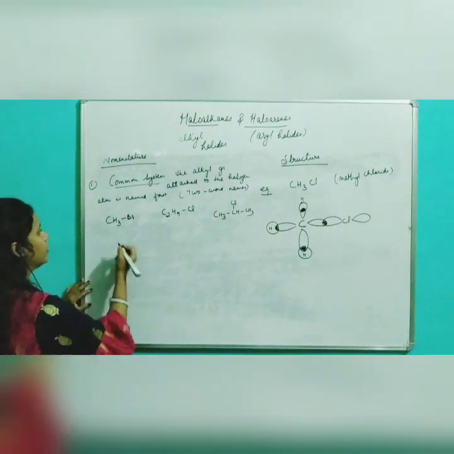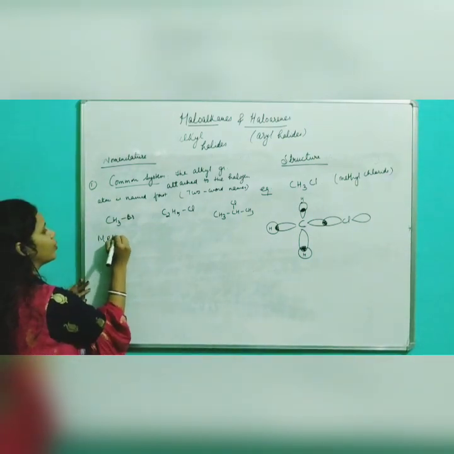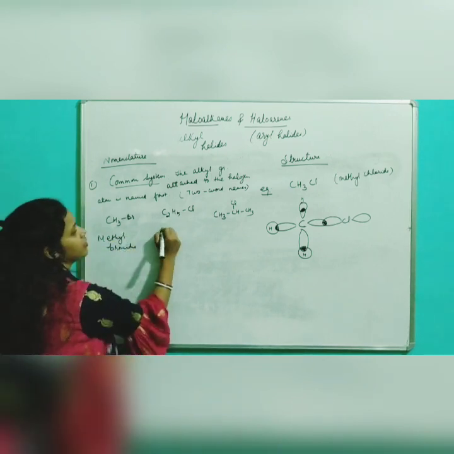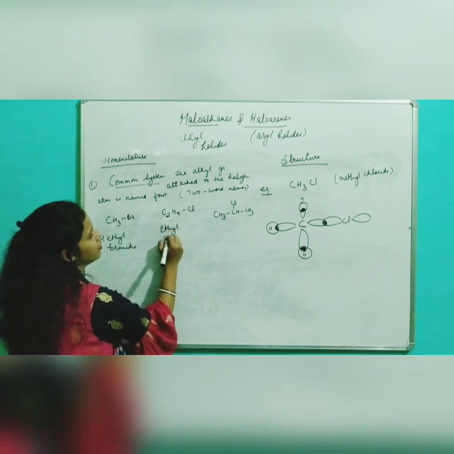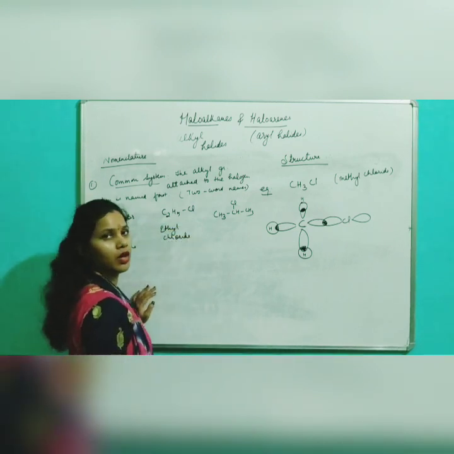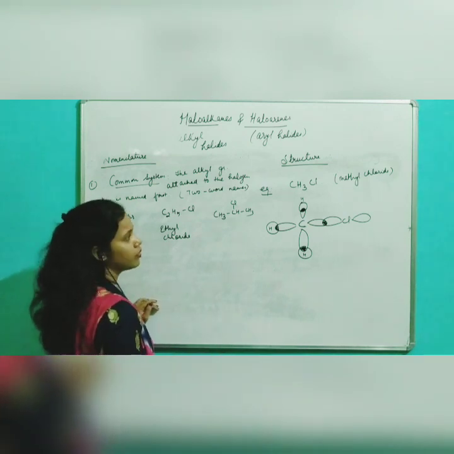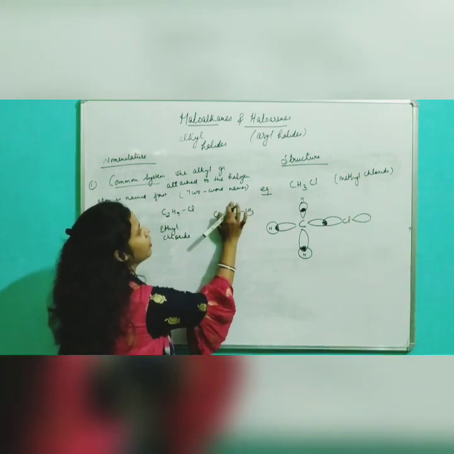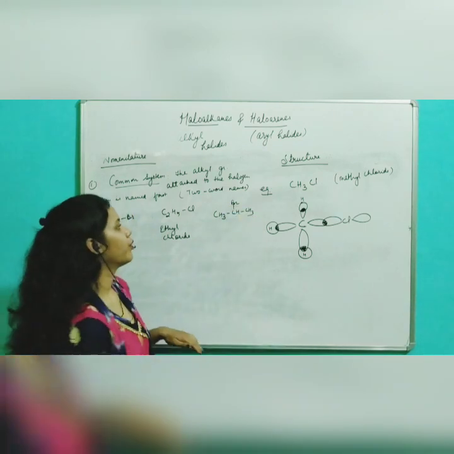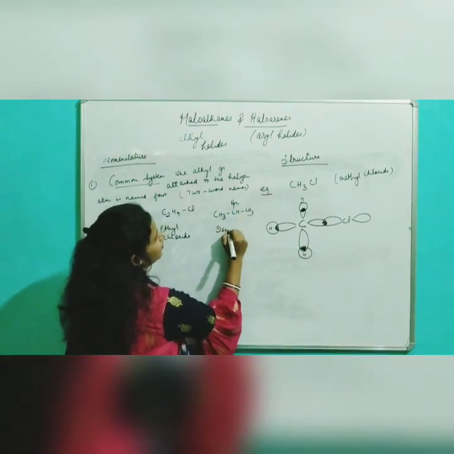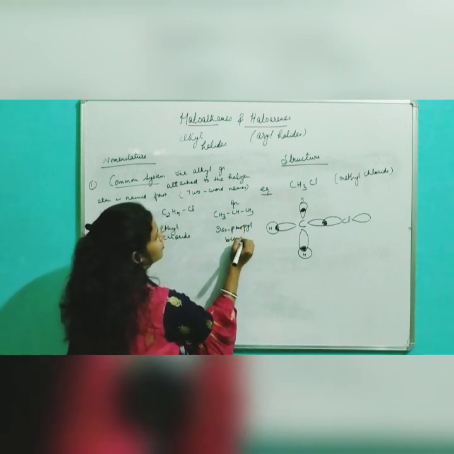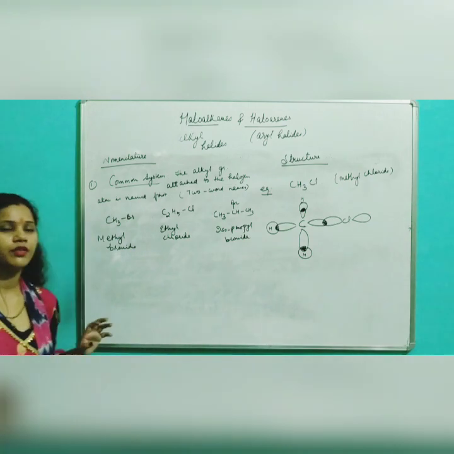So it can be named as methyl bromide, another one is ethyl fluoride, and the third one, we can write isopropyl. Suppose I take Br, so it will be isopropyl bromide. This is the common system of naming.